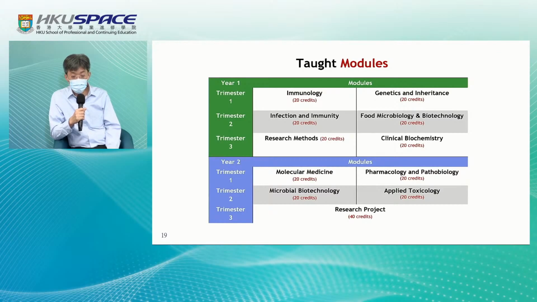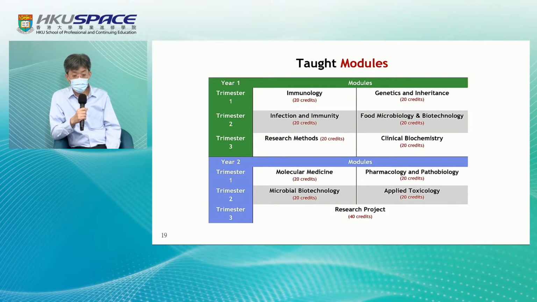So here we will look at those modules that are offered from this program. As I mentioned before, you have 3 trimesters for each year, and in each trimester we have 2 modules.